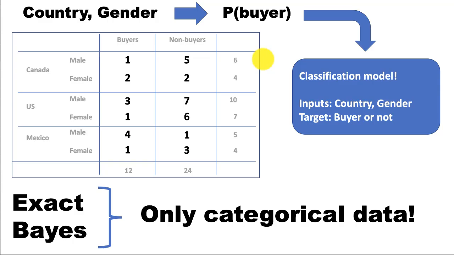That's the only reason one might not use exact Bayes: when you don't have enough cases to justify a reliable prediction. If you do have enough cases, that's fine. And of course, the premise for going for something other than exact Bayes, which is naive Bayes that we're going to discuss shortly, is that you will often be in scenarios where you just don't have enough data to apply exact Bayes.